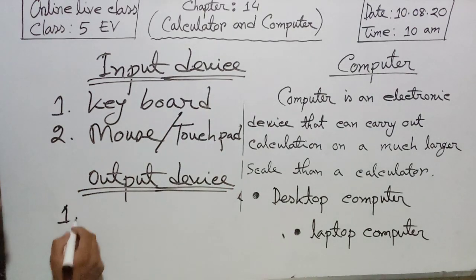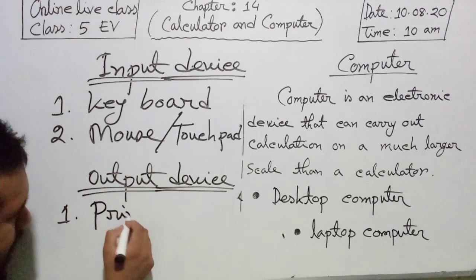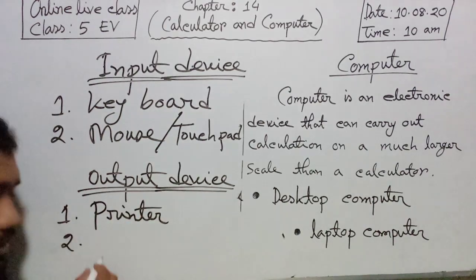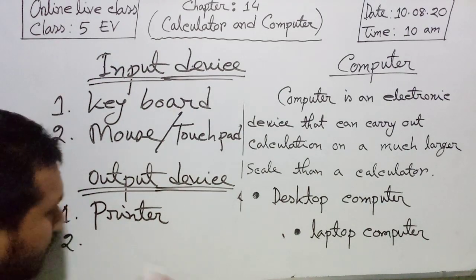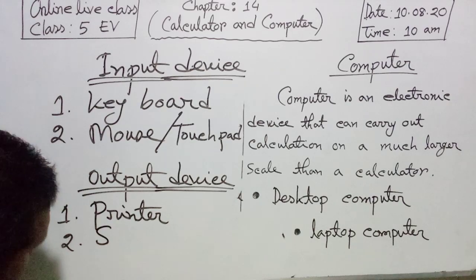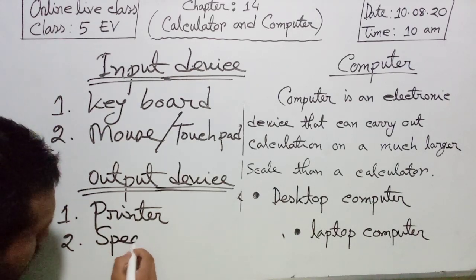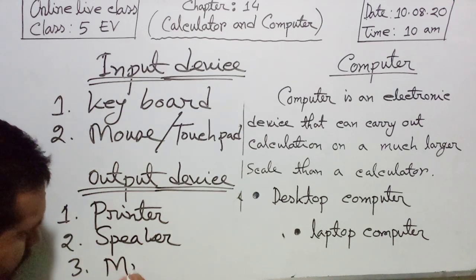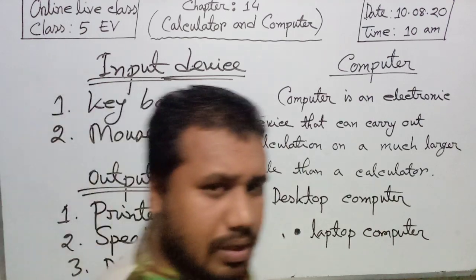As output devices you can say printer, you can say our sound system, that means speaker, monitor, and so on you can write.